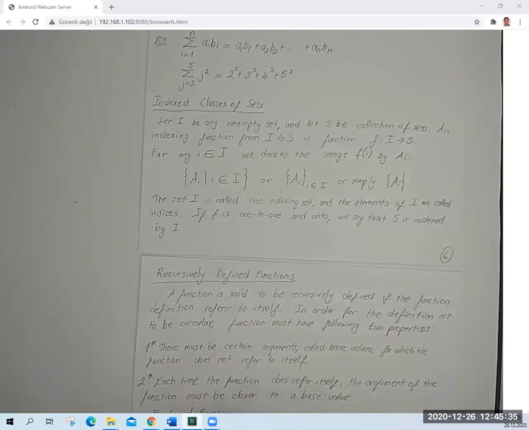The product of positive integers from 1 to n inclusive is called n factorial and is usually denoted by n!.